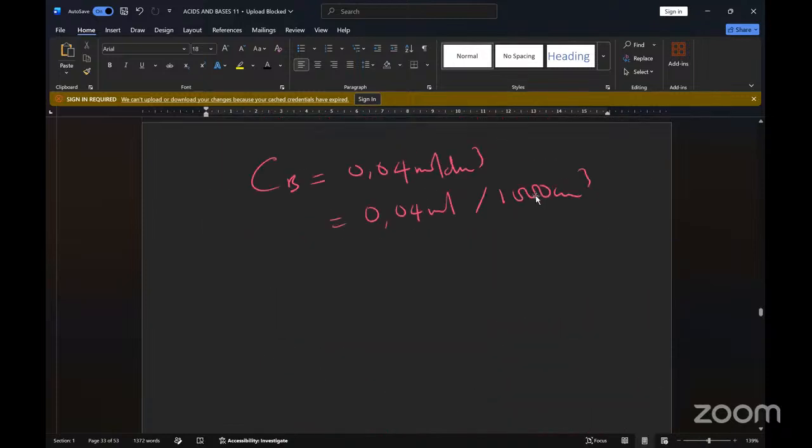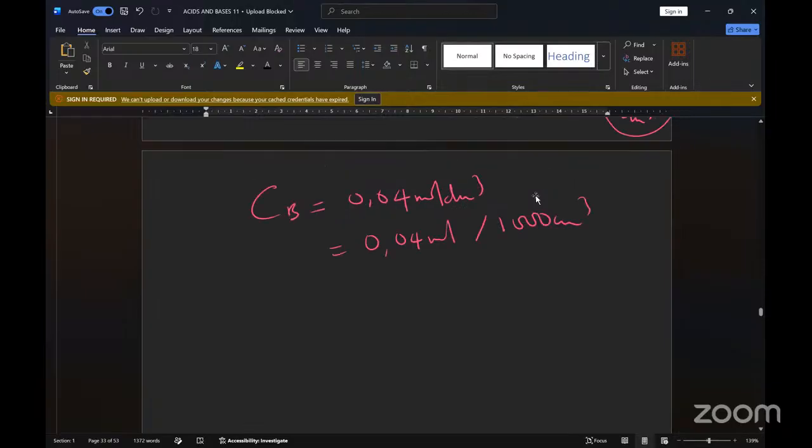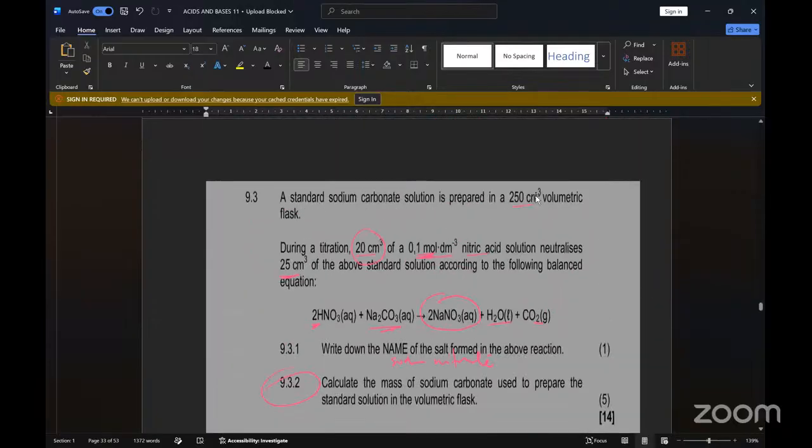So what you're going to say is that 1,000 centimeters cube is equivalent to 0.04 mole. Therefore, how much will be in 250?